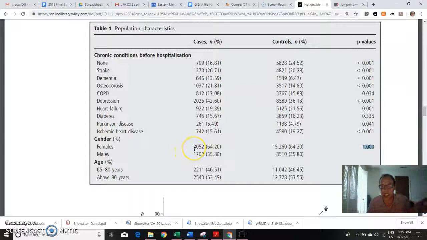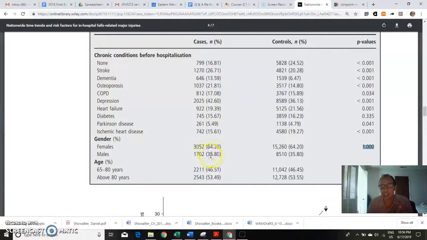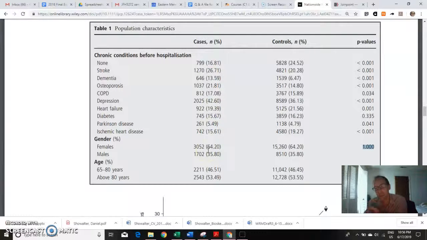If you have Johnny, the 68-year-old man who falls and gets a major injury, he's one of their cases, they're going to match him with 5 male patients of about the same age, which is why this number right here multiplied by 5 gives you exactly this number, and this number here multiplied by 5 gives you exactly this number.